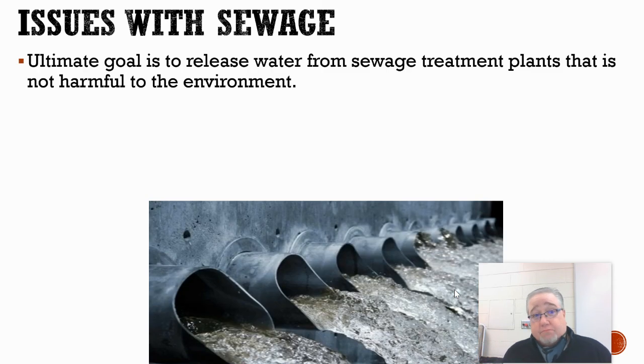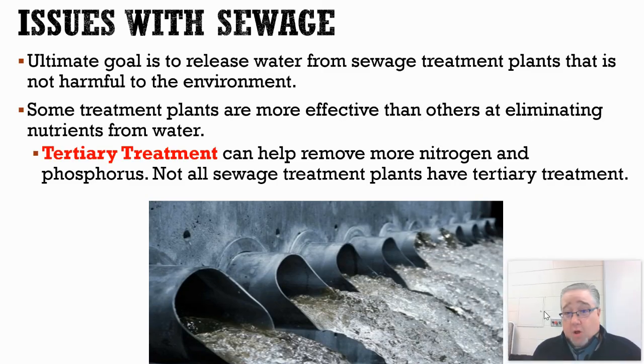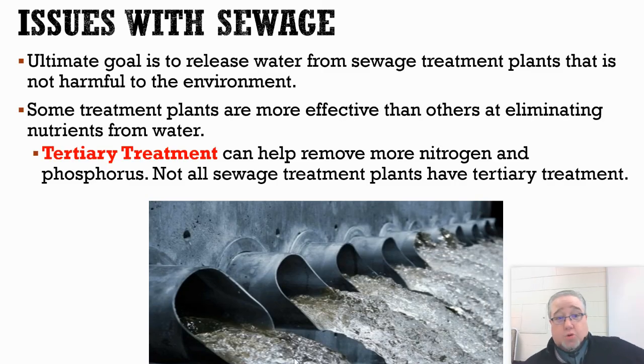All right. So when it comes to sewage, the ultimate goal is to release water back into the environment that's been treated, and it's healthy water. It's water that can be reconsumed one day, and it's fresh.